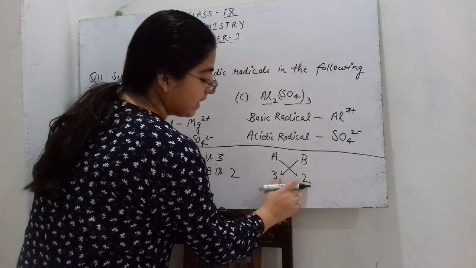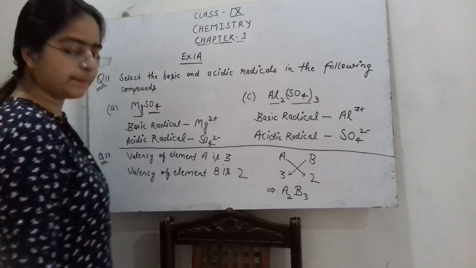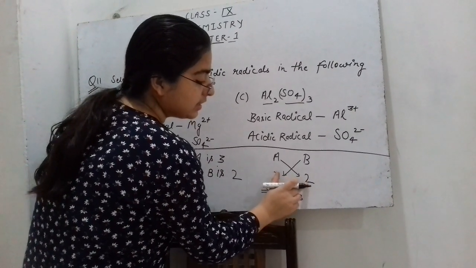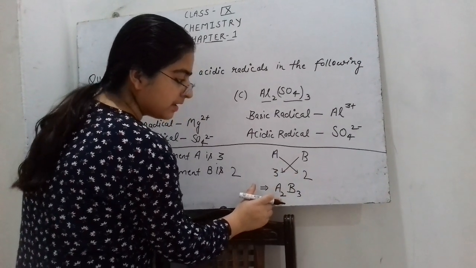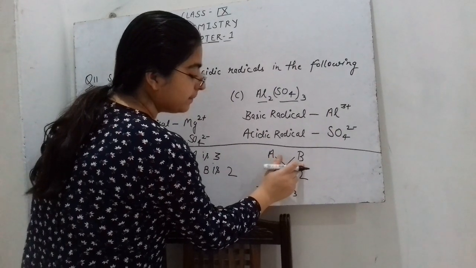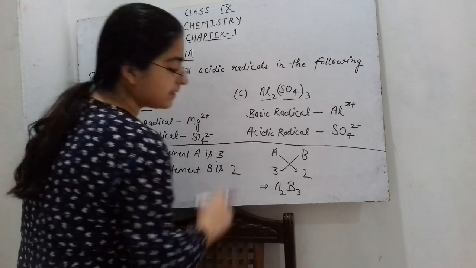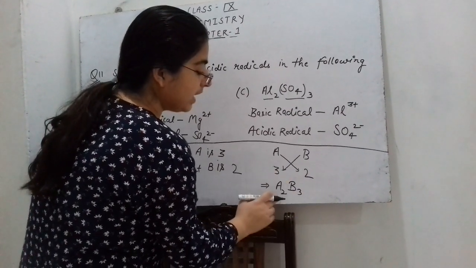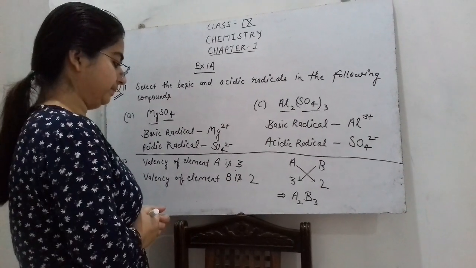After writing their valency, we will cross over the valencies. Means with the first atom, the valency of second atom will come as a subscript, and with the second atom the valency of first atom will come as a subscript, and finally the formula formed will be A2B3.